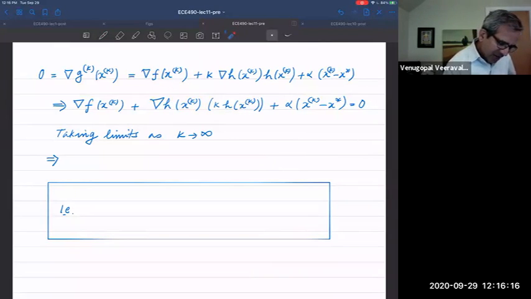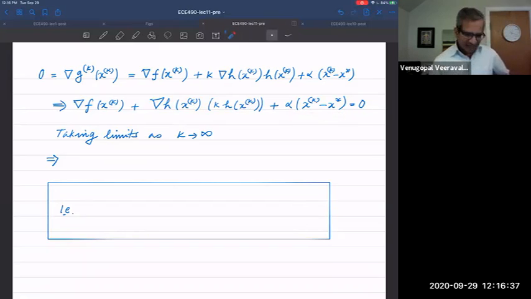This guy is going to x star, and the right-hand side is set equal to 0 because I used the gradient condition. I just proved that this is equal to lambda, and then we have this guy going to 0.